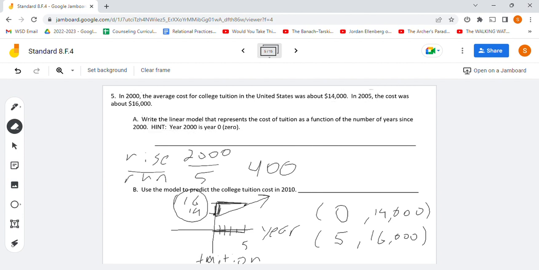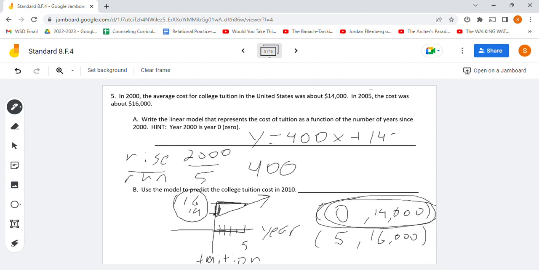We know from our graph and from this ordered pair right here that our y-intercept is 14,000. So now we are ready to write our equation. We say y equals, our slope is 400. So we have 400x plus our y-intercept is 14,000. And that gets us our equation.